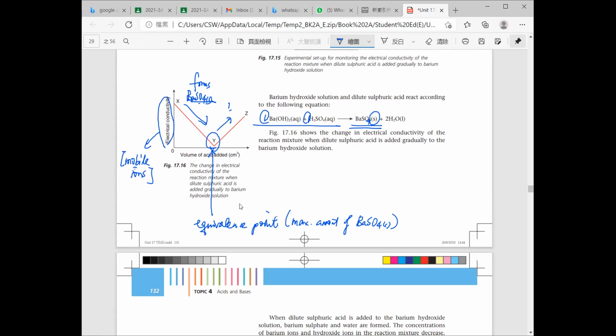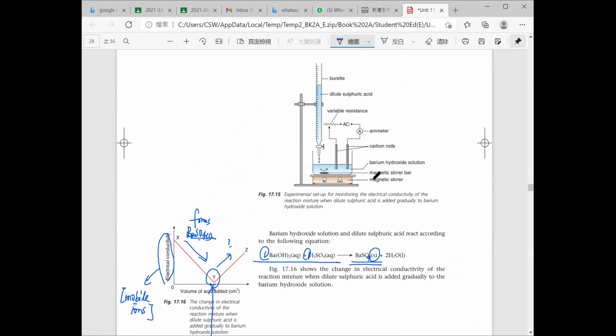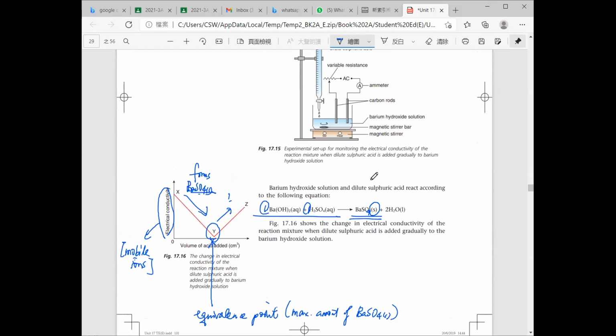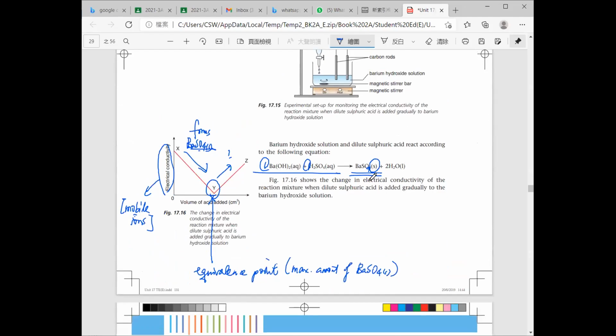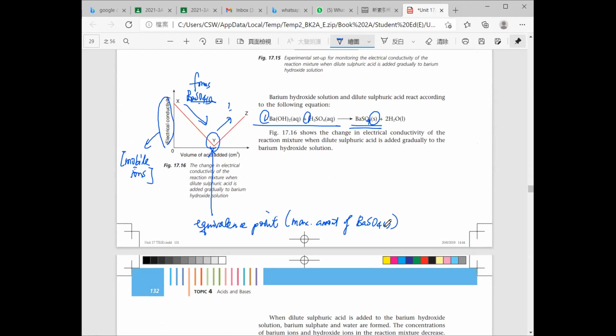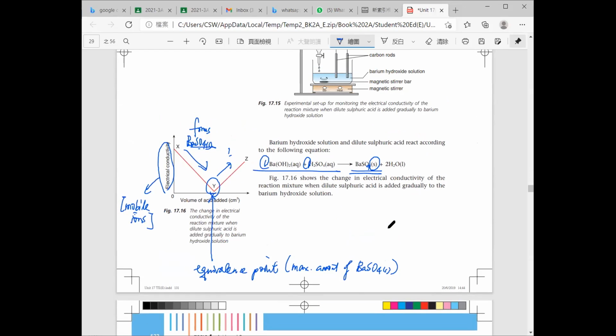The more concentrated the mobile ions are there, the higher the electrical conductivity. Remember, it's not a logic of more or less, it's a logic of more concentrated or less concentrated. That is different, huh? So you may see from X to Y, they will experience a drop of electrical conductivity because the mobile ions drop because of the formation of barium sulfate.